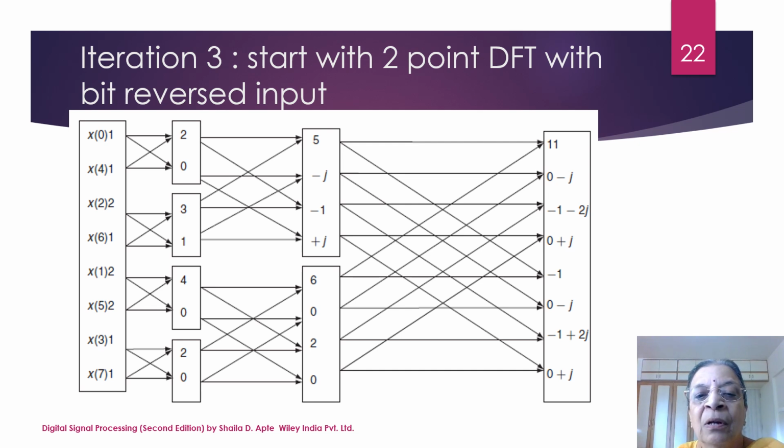Minus 1 minus 2j. This is j minus 0, so it becomes j. Then 5 minus 6 is minus 1, minus j into minus 0, so minus j, minus 1 into 2 plus 2 into W8 raised to 1, so it is j. Here also you are getting j.